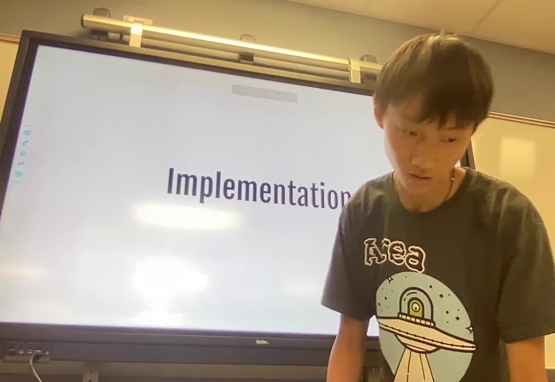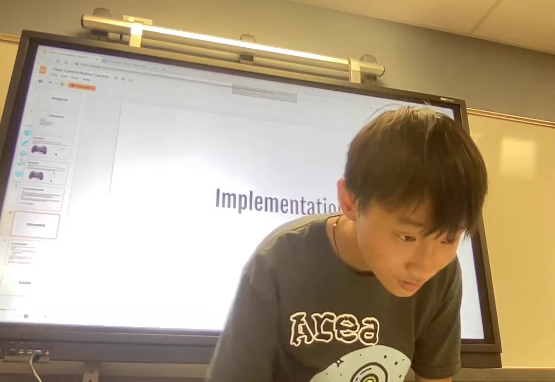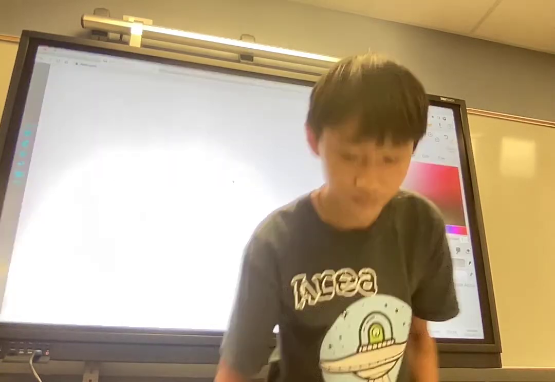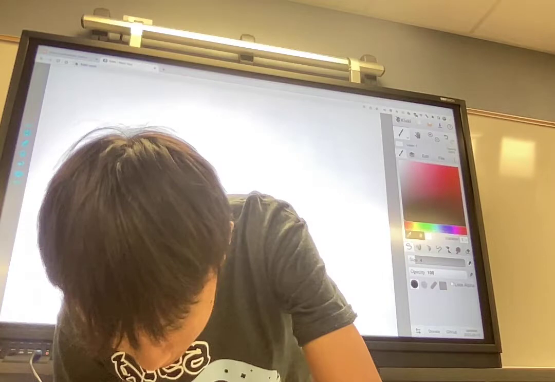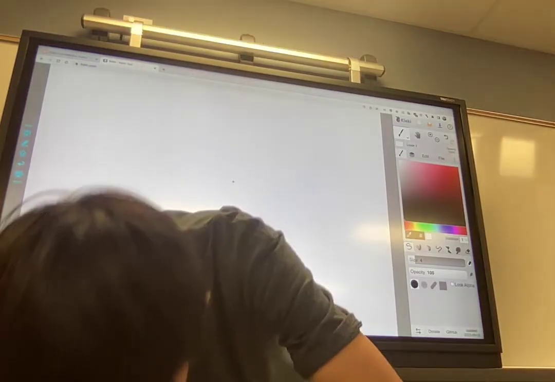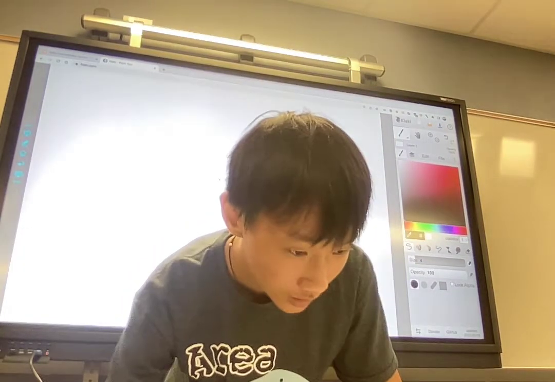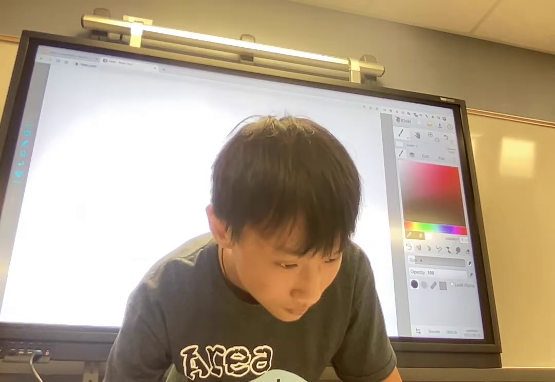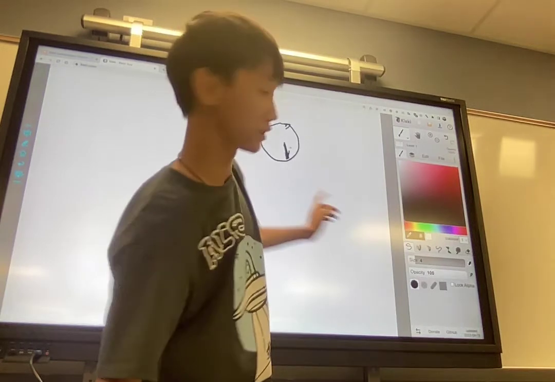So I go to the paint tool here. Okay, so let's say I have the robot here, and I'm going to draw a line here to denote that it is facing that direction.